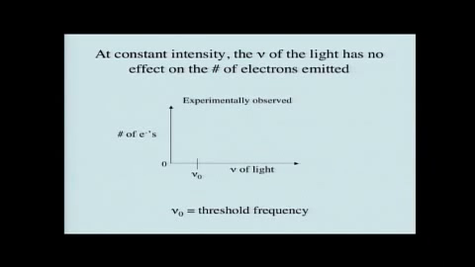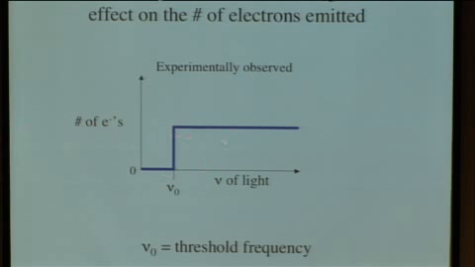So what they could do was actually graph what was happening here. And what they found was that if we were at any point below the threshold frequency, and we were counting the numbers of electrons that were popping off of our metal, we weren't seeing anything at all. But if you go up to the threshold frequency, suddenly you see that there's some number of electrons that comes off.